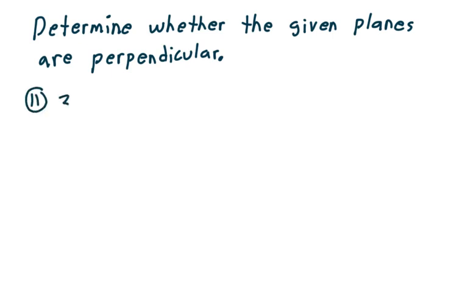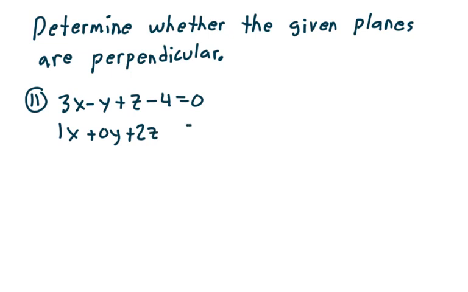Now, suppose we have 3x minus y plus z minus 4 equals 0. And then we have 1x plus 0y plus 2z equals -1.